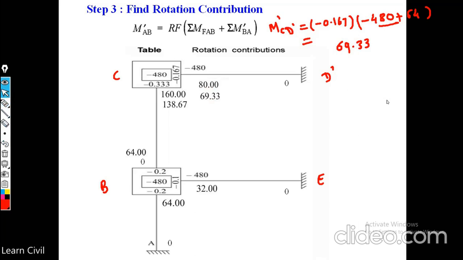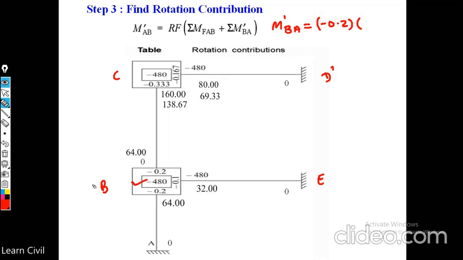Okay. Next, we have to go to joint B, where we can find out the rotation contribution for members BE dash, BC and BA. First, we'll be starting with member BA. Therefore, rotation contribution for BA, that is M dash BA, is equal to rotation factor for BA, that is minus 0.2, multiplied by summation of fixed end moment at this joint, that is minus 480, plus rotation contribution at far end.